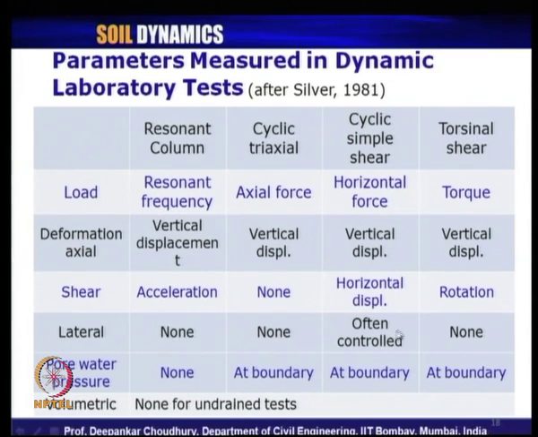In cyclic simple shear test also, we can measure the pore water pressure at the boundary, and for cyclic torsional shear test also, we can measure it at the boundary. And about volumetric strain, none are measured in all these tests for the undrained test, because when we are doing the undrained test, we are not concerned about this aspect.